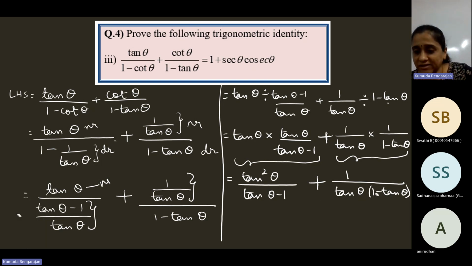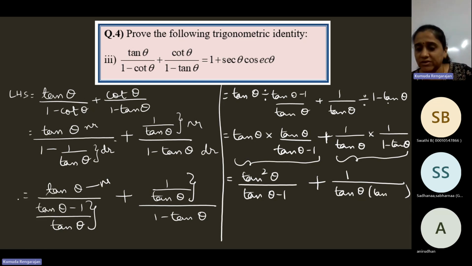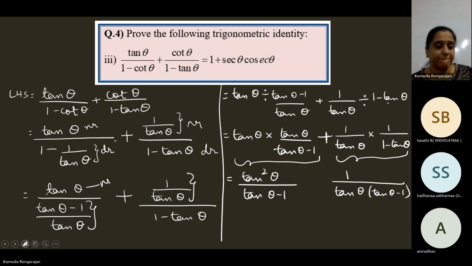What you should do is write this 1 minus tan theta as tan theta minus 1. That is a minus b, write it as b minus a, tan theta minus 1, and take a minus outside. So when you take this minus outside, this minus into plus will become minus.